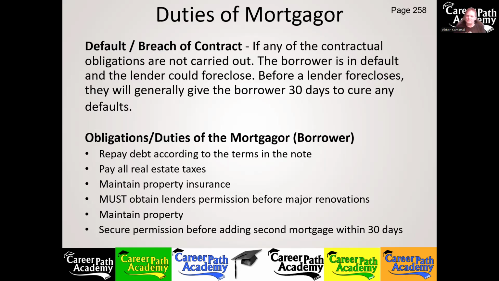Maintain the property. It's, I guess, the same kind of scenario, because if you don't maintain the property, it could be falling apart. You're devaluing their collateral. Plus, it could cost the lender a lot of money. We have an issue right now. A lot of people are buying homes in our neighborhood, tearing them down and putting up these giant monstrosities.